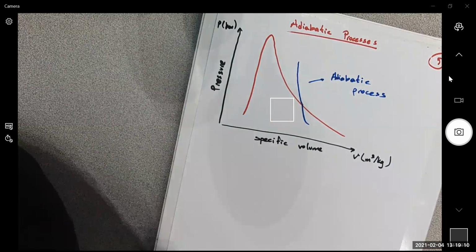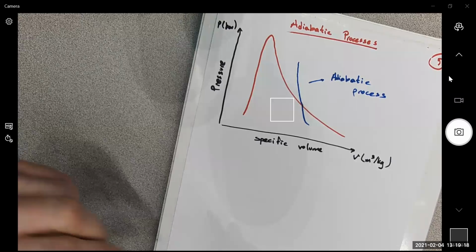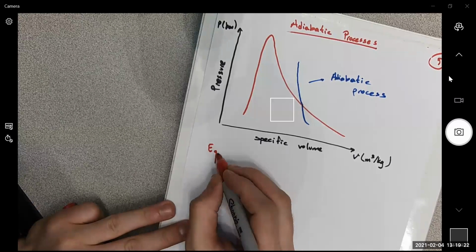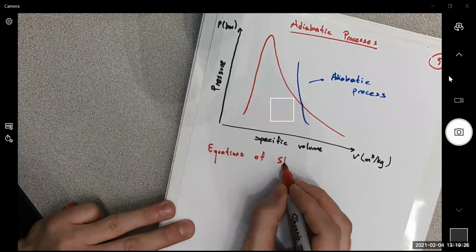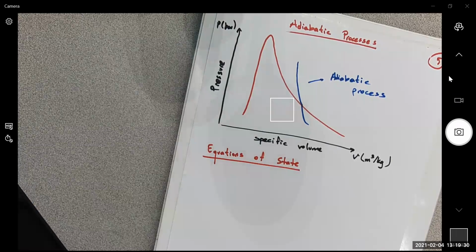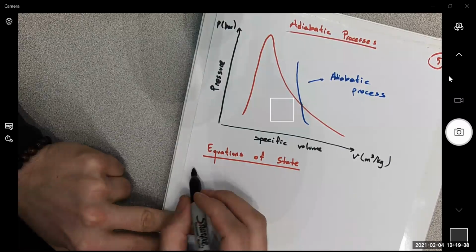Now let's talk about how we find and determine those properties as part of this diagram. The equations of state. I use equations of state to find my property for that specific state.